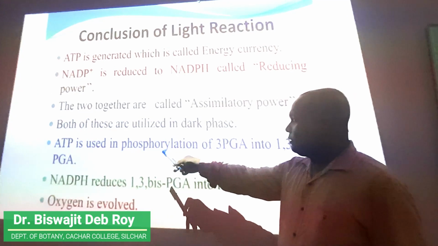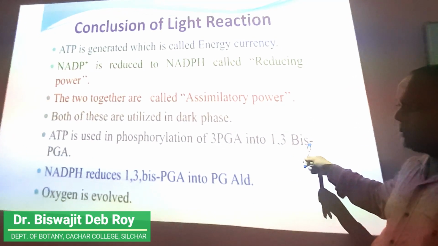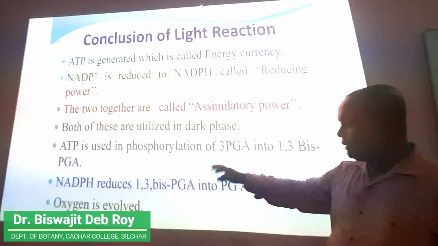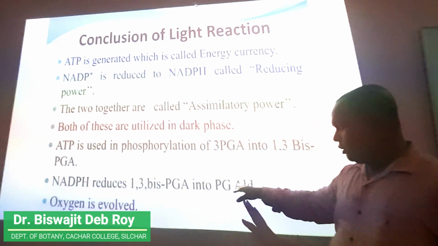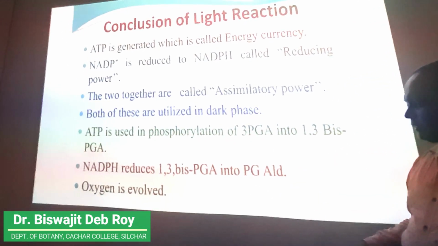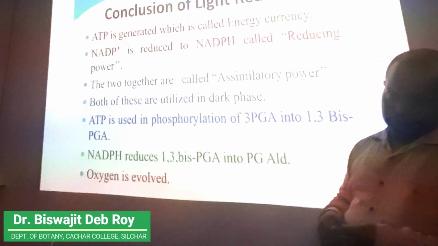ATP is used in phosphorylation of 3-phosphoglyceric acid into 1,3-bisphosphoglyceric acid. Ultimately, NADPH will reduce 1,3-bisphosphoglyceric acid to phosphoglyceraldehyde, and 3-carbon compounds will combine to form 1 molecule of 6-carbon sugar.